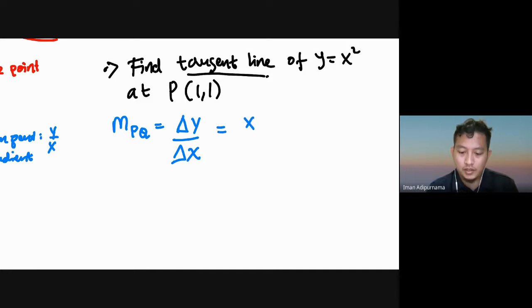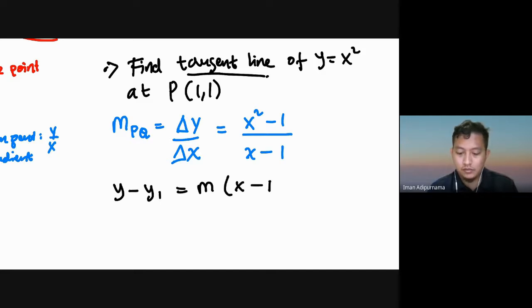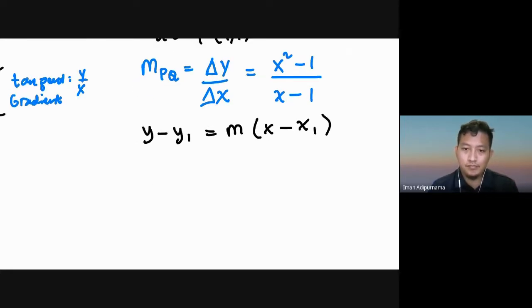For y it is x squared minus 1. The delta x is x minus 1. And then if you still remember, the equation of the tangent line will be, and this will be the gradient.